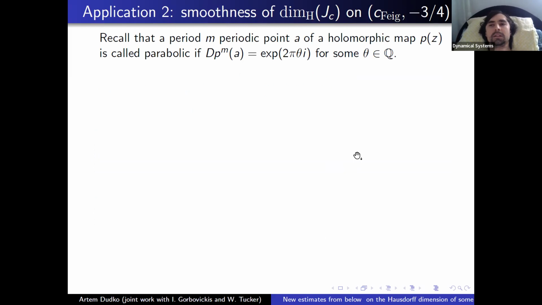The next result is about parabolic periodic points. Recall that a periodic point of a holomorphic map is called parabolic if the derivative of the return map at this periodic point is equal to e^{2πiθ} for some rational θ.